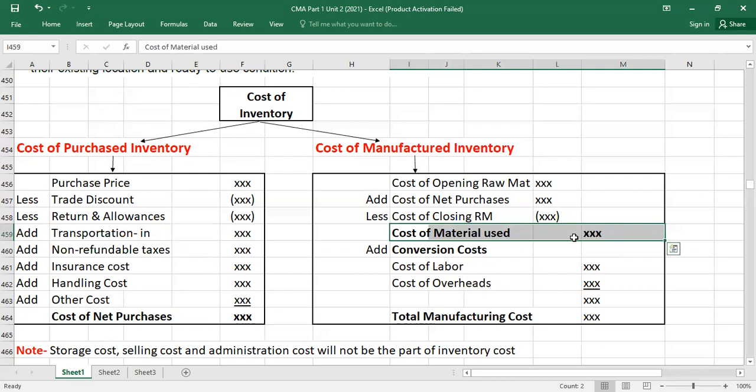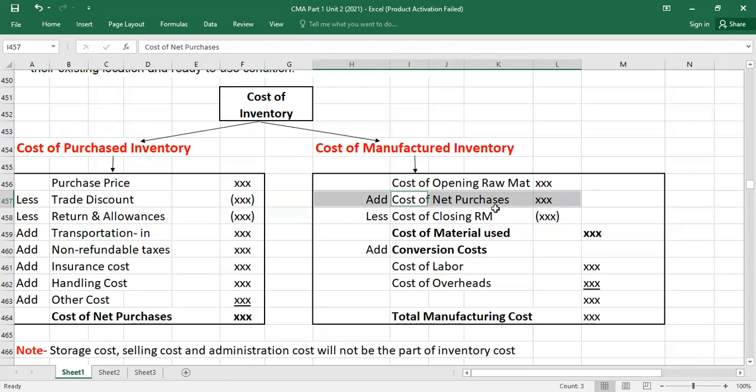You can see it is written in the final column. So if you want to calculate the cost of material used, you will take the cost of opening raw material first, then you will add the cost of net purchases. Maybe if you are purchasing the raw material, you have to include all those costs which you have incurred to bring the raw material to the present location.